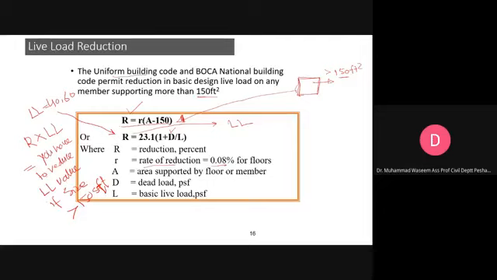So how do you calculate it? You use this formulation to reduce your live load, and you just multiply this factor with the live load, if the area for which you are considering live load is greater than 150 square feet.